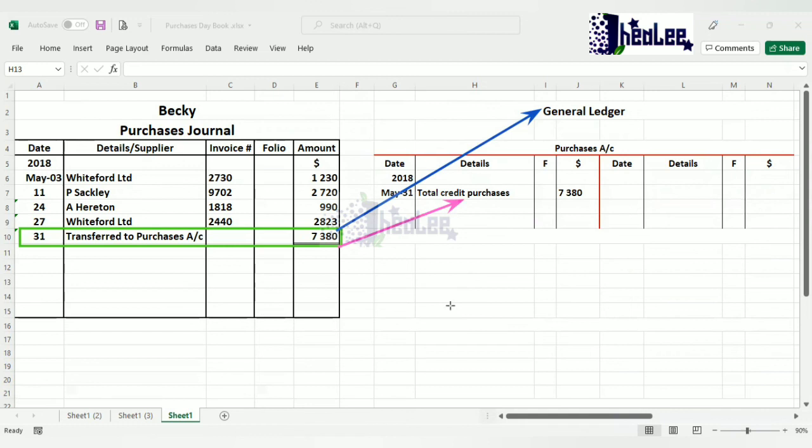And that takes us to the end of this lesson, where we have looked at the posting to the respective ledgers from the purchases journal.